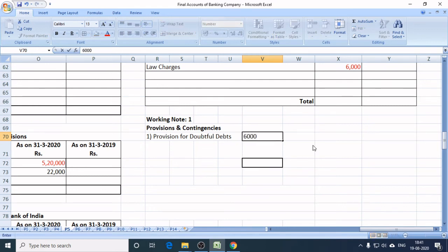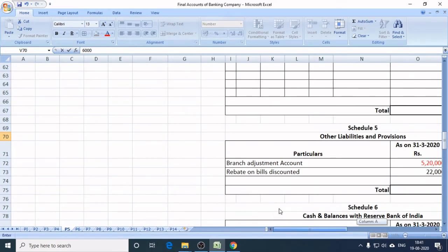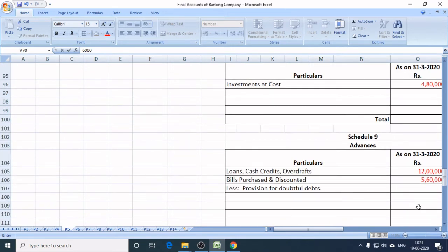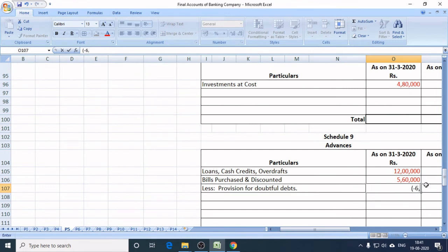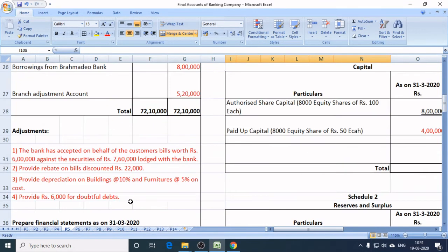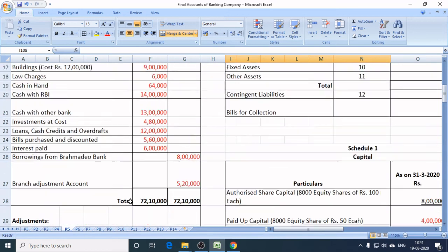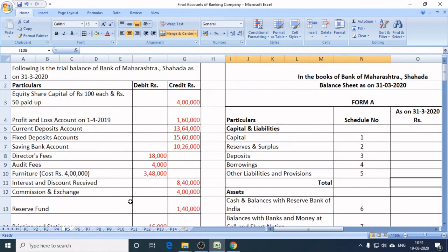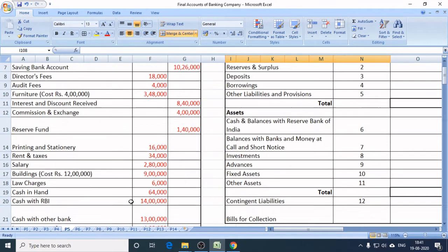Then deduct that figure from the advances. So rupees 6,000. Okay. Now we have provided the effects of all these adjustments, and we have also made posting of all the particulars which are a part of trial balance.